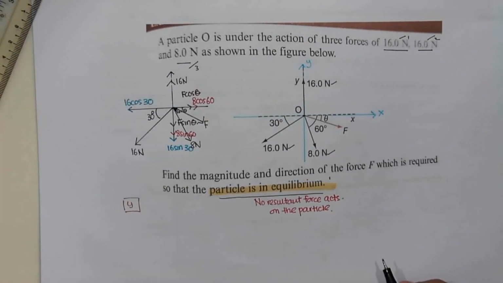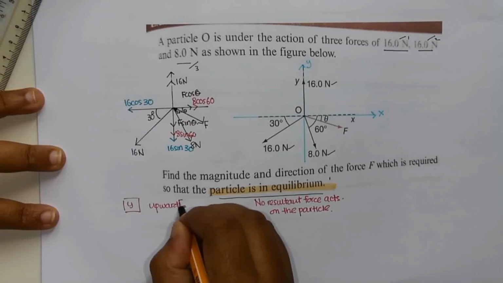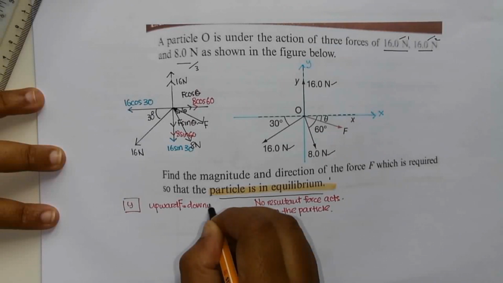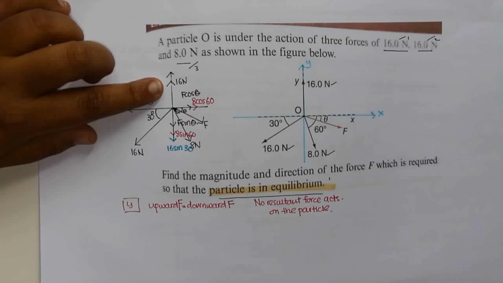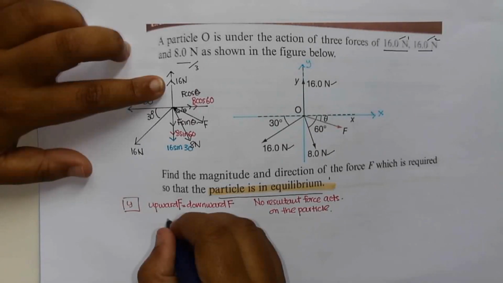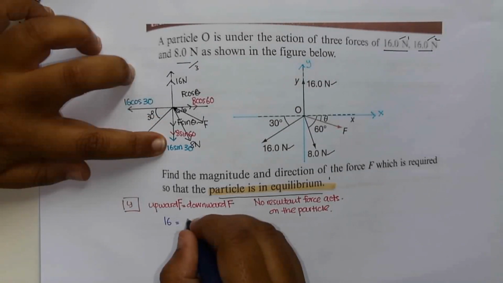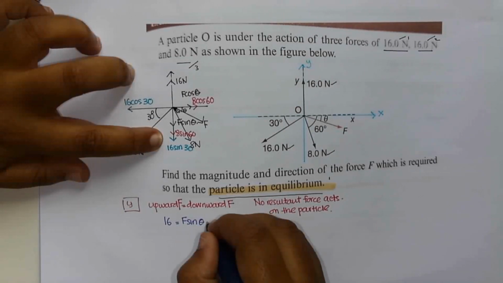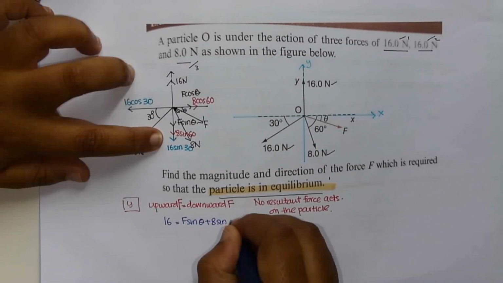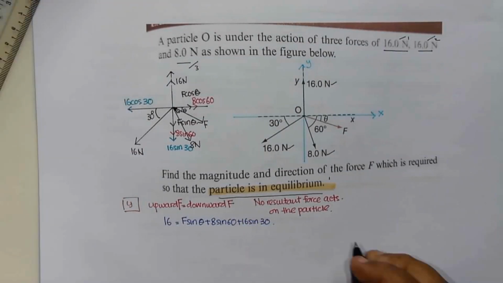The concept says no resultant force acts on the particle, so the upward force equals the downward force. The upward force is 16 Newton, equal to the downward force: F sine theta plus 8 sine 60 plus 16 sine 30. This is number 1.